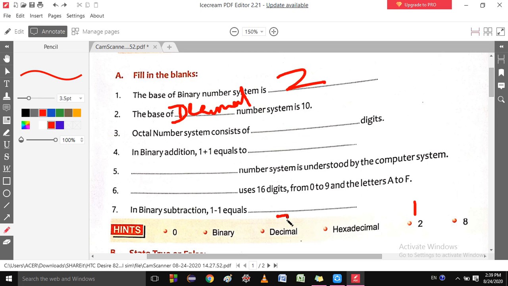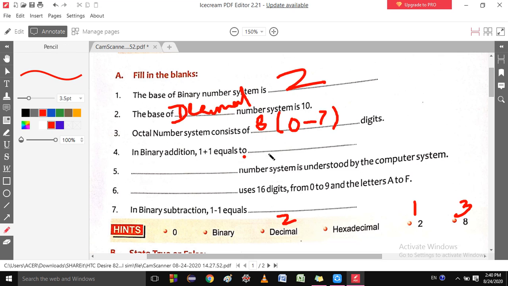So this is the second answer. The octal number system consists of 8 digits. You know that the octal number system consists of 8. This is the third answer. It is from 0 to 7. If you count, then this will be 8 digits.